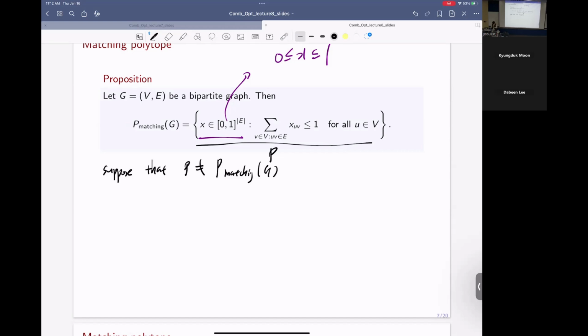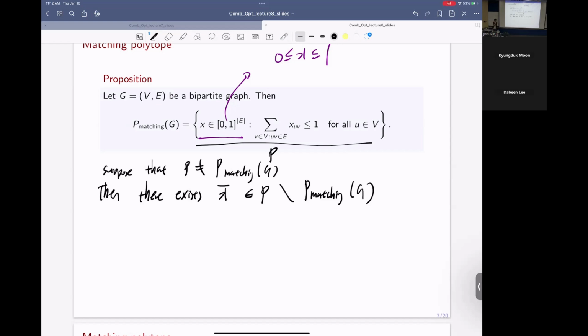So it means that there exists x bar that belongs to P, but not the matching polytope.